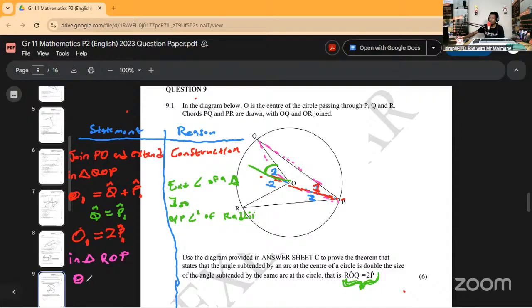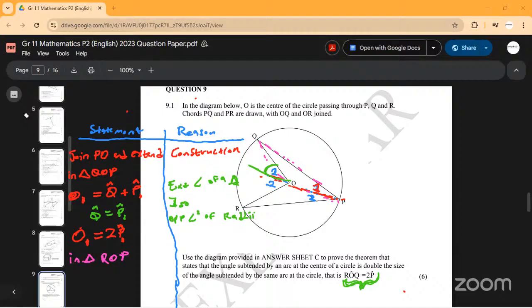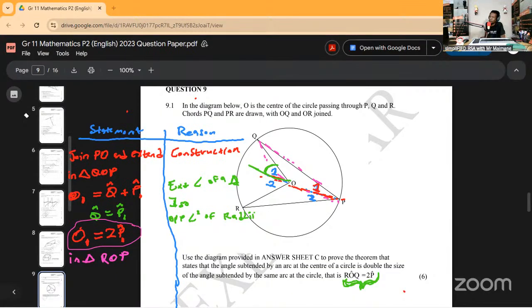Again, O2. Wait, what would the reason be for Q equal to P1? Agree, we proved that Q is equal to P1.